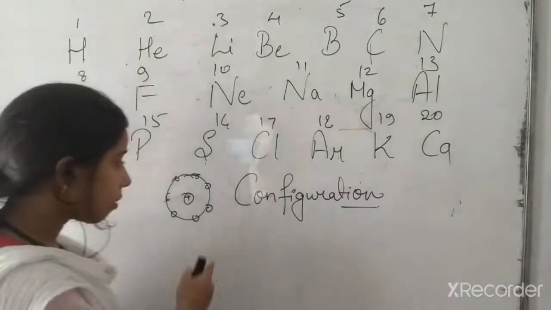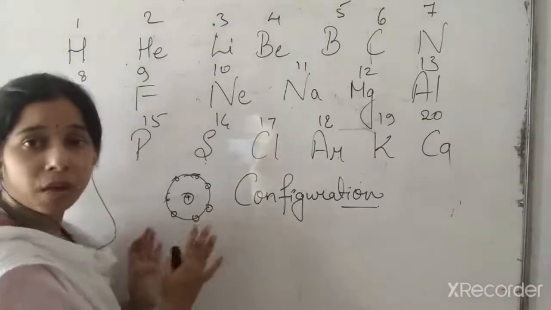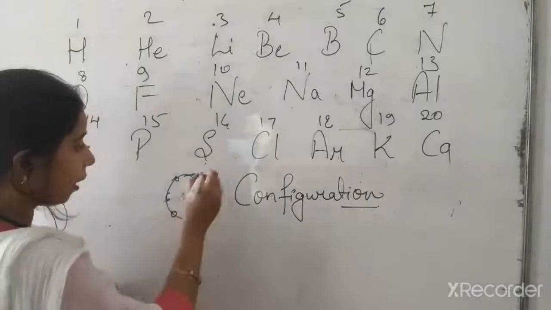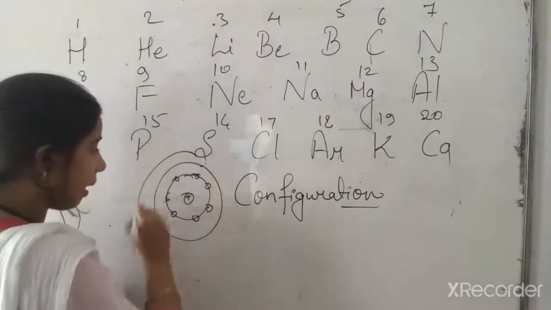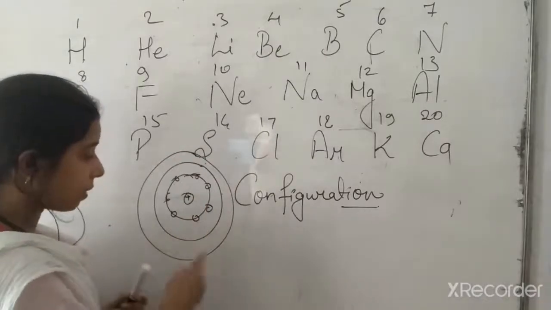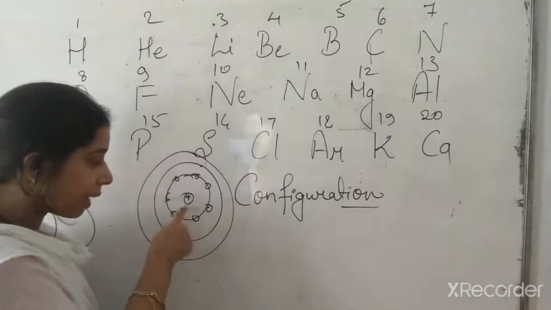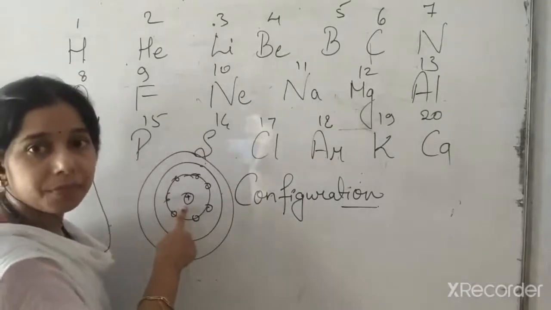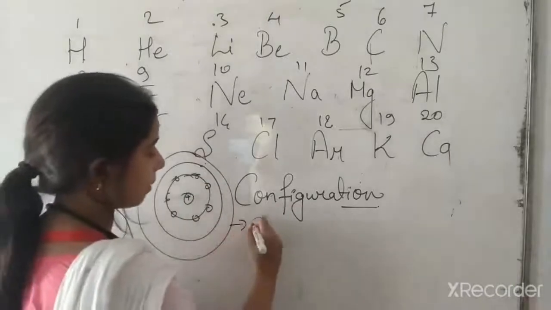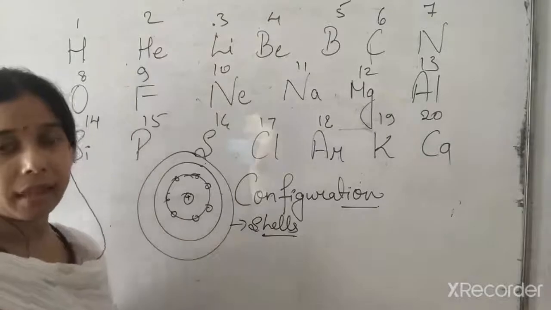These electrons are not present only up to here, but different layers, different circles, are present around the center of the atom, and we call them shells.